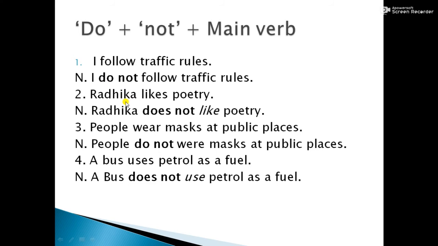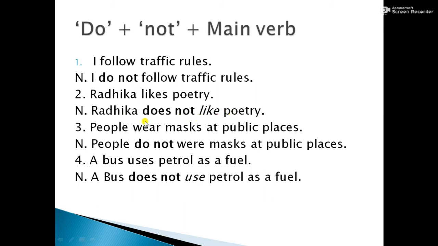Radhika likes poetry. The subject of this sentence is Radhika, that is third person singular, and the tense is simple present tense. The verb here indicates that this is simple present tense, and therefore the negative sentence is Radhika does not like poetry.